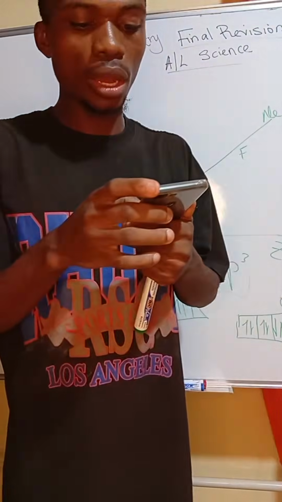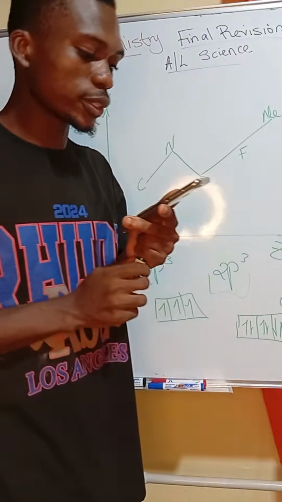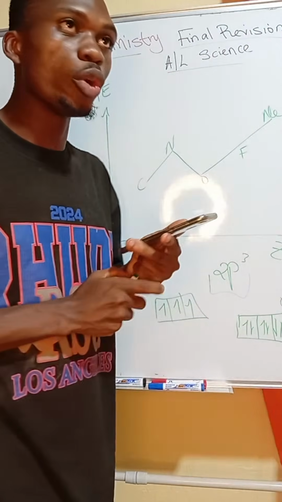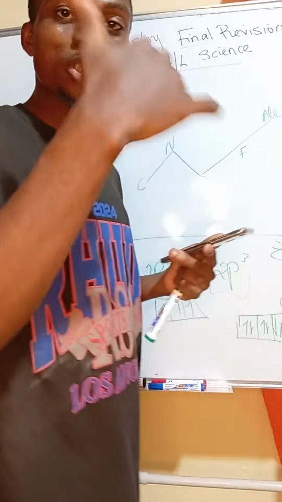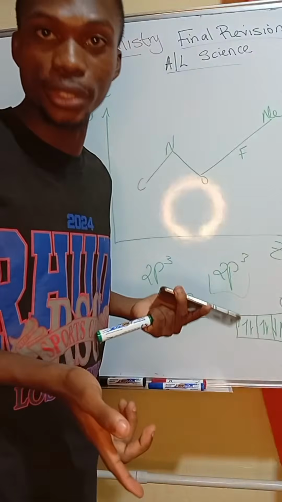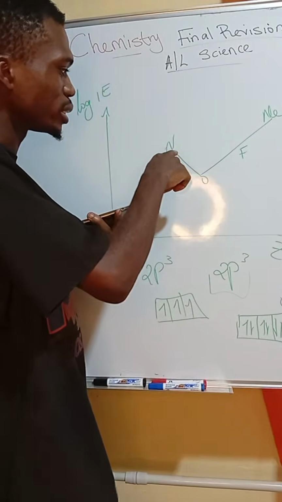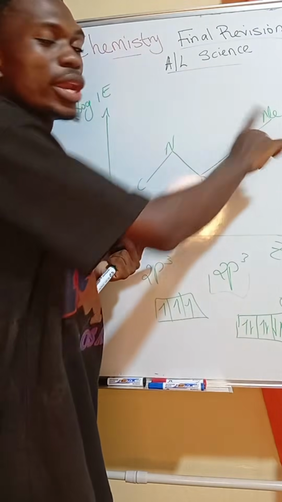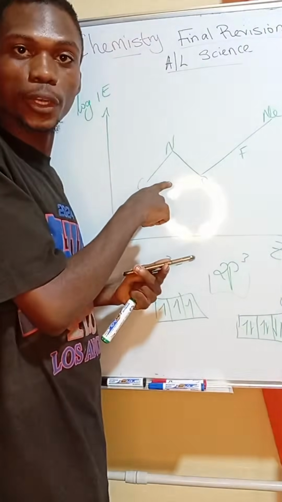Neon has a very high ionization energy as well. Why? This is because its outer p subshell is fully filled. Even on the graph we are given here, you would notice that nitrogen and neon are at the top, but neon is more stable than nitrogen.